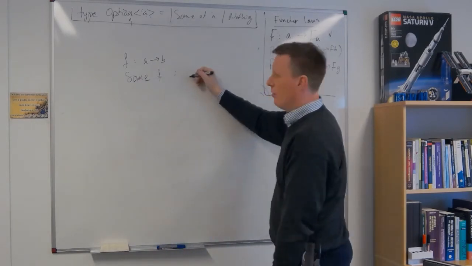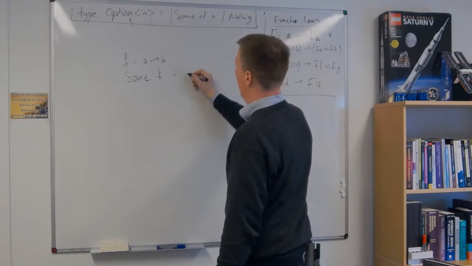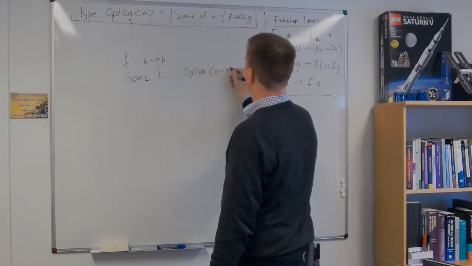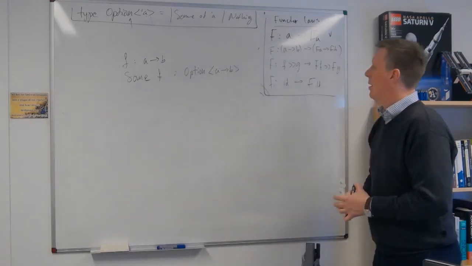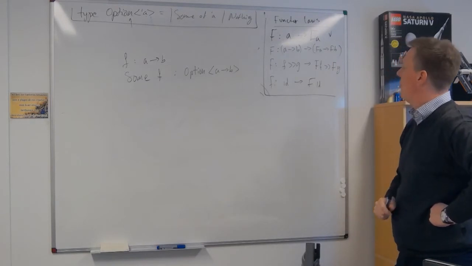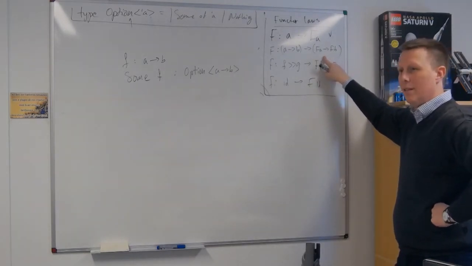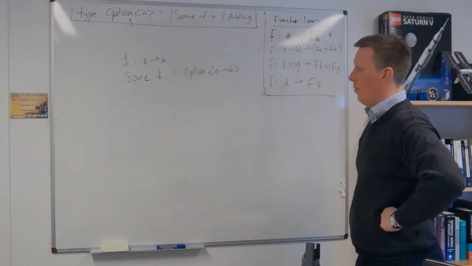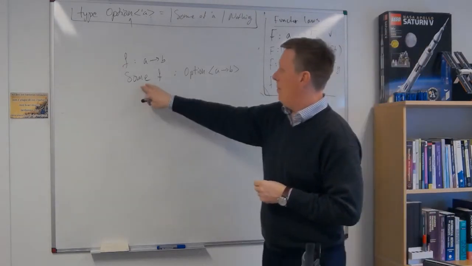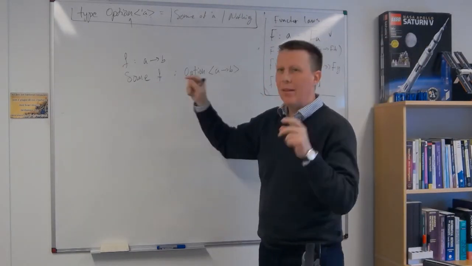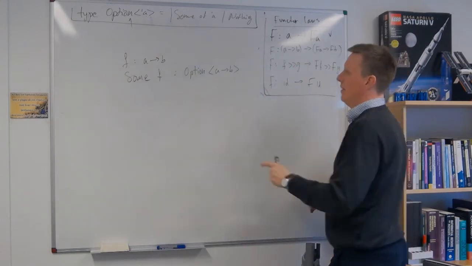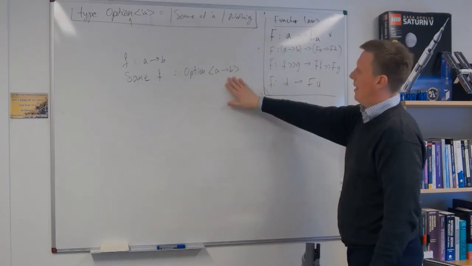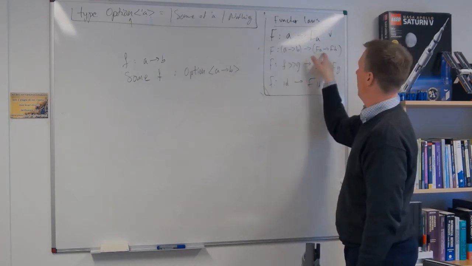Well, it turns out that it has the type option of A to B. Now, okay, that is not the same as this. This is something else. So that didn't work. So we can't use Some to transform the arrow, or the function, into this functor. So we need something else, because this is not what we have.